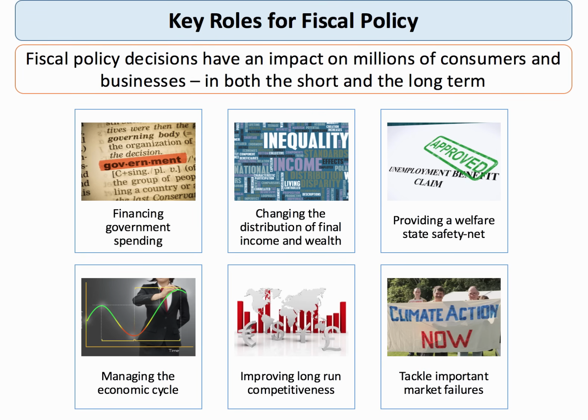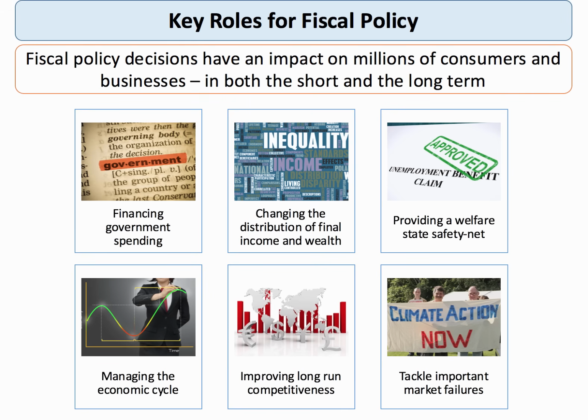Fiscal policy has many roles in the economy. It's quite important to understand that fiscal policy, the use of changes in government spending and tax, and how much the government borrows, has quite a wide-ranging impact both on the demand and the supply side of the economy. We need fiscal policy to finance government spending, so we need taxation to fund the provision of public and merit goods.